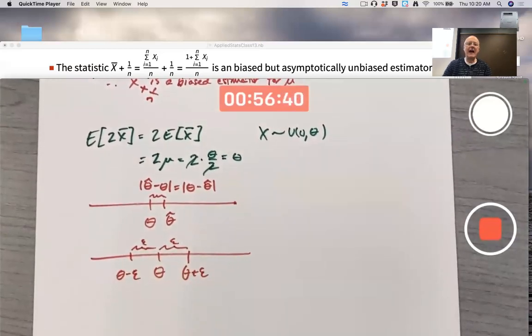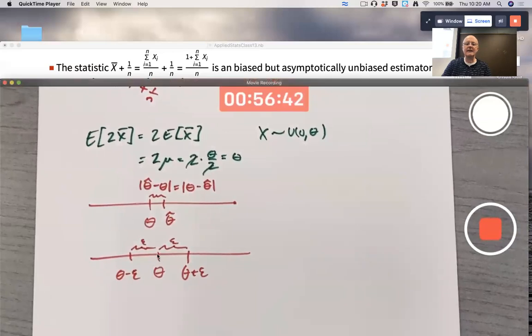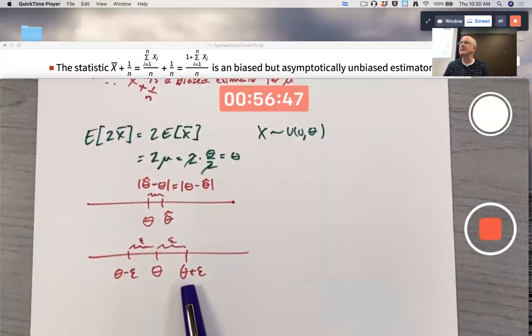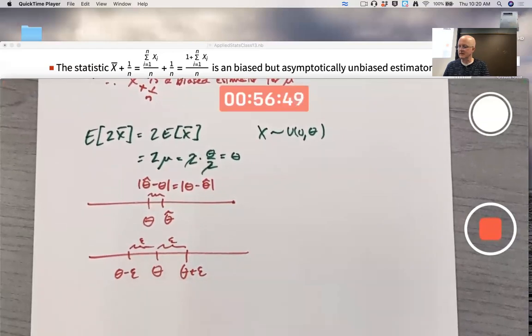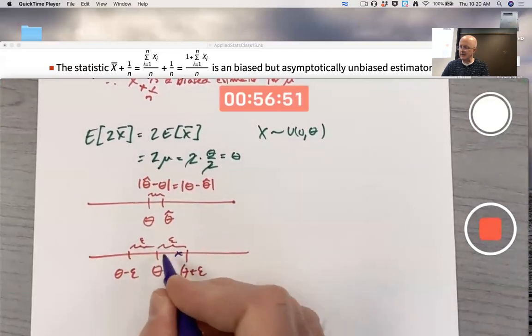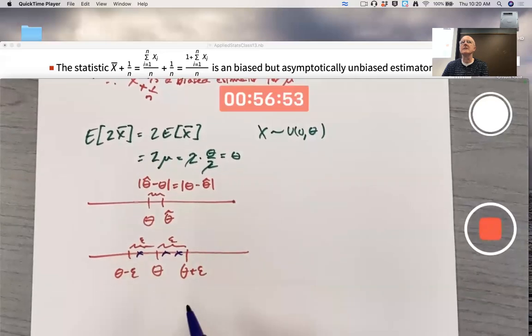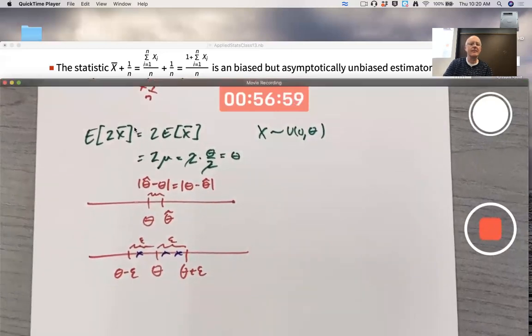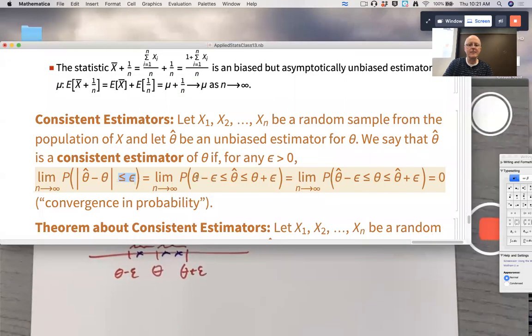To say that the absolute value of theta hat minus theta is less than or equal to epsilon then means theta hat is somewhere between these two quantities. Could be here, could be there, could be here. Theta hat is somewhere in there. That's what this is saying. You could also switch around the roles of theta hat and theta.